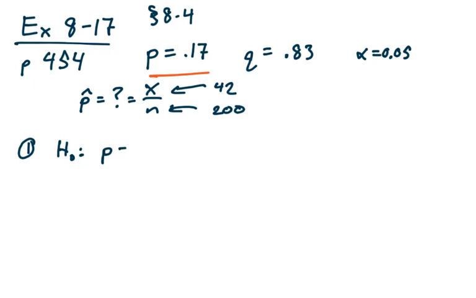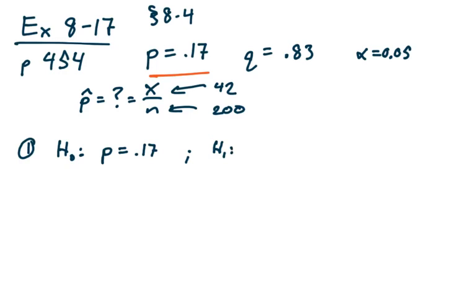P, the population proportion, the true proportion of young people ages 2 through 19 who are obese, is indeed, as the previous study claimed, 17%. That's what we are assuming as the status quo. That's our null hypothesis.